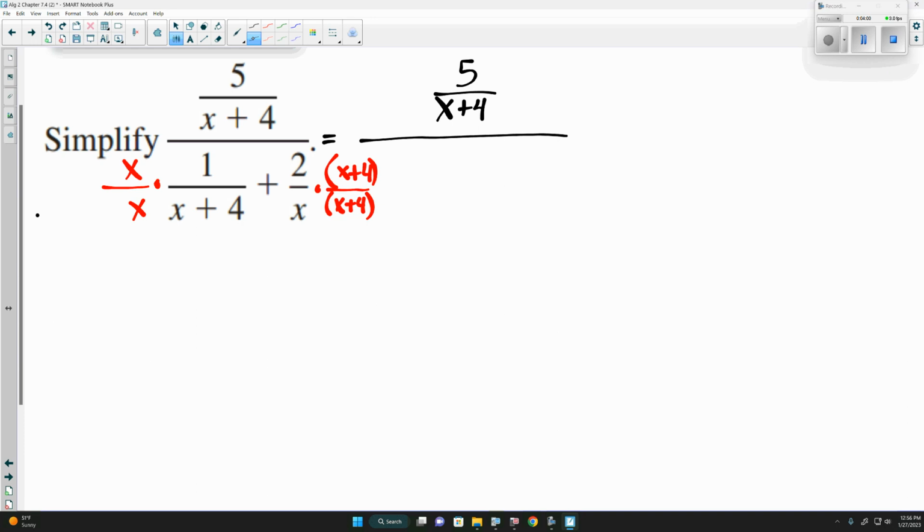If we do this here, 1 times x is x. The denominator is going to be x times x plus 4. Our other fraction, the denominator is going to be x times x plus 4. The numerator, we're going to have to multiply through by 2. 2 times x is 2x. 2 times 4 is going to be plus 8.